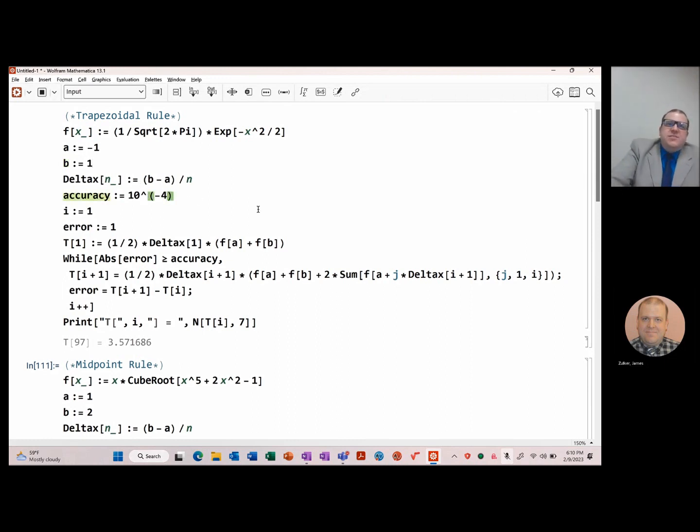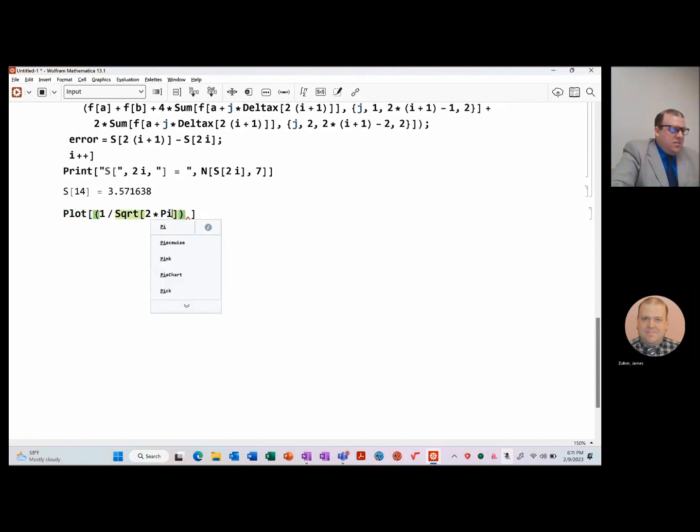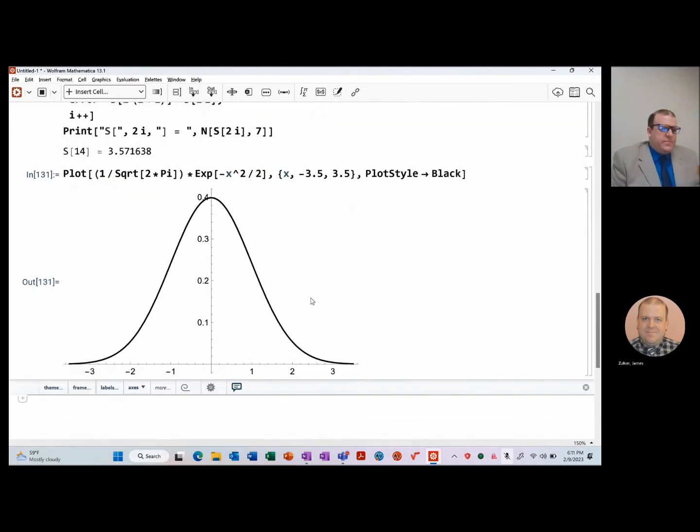And then before I actually run this, let's go ahead and plot it. Right, so there's the standard normal.